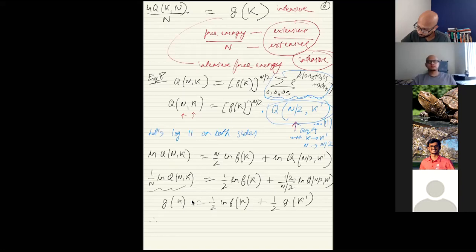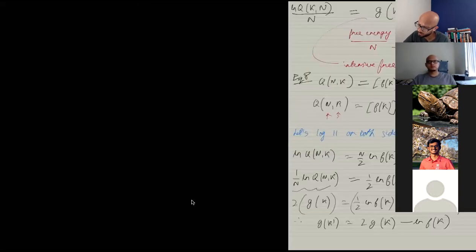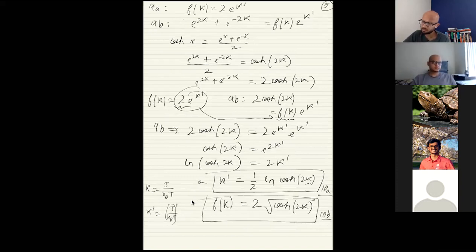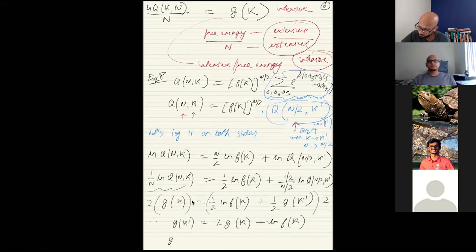Therefore, g of k prime is equal to 2g of k minus, we multiply both sides by 2, so 2g of k minus ln f of k, and we calculated f of k right here in terms of k. So this gives us g of k prime is equal to 2g of k minus ln of 2 square root of hyperbolic cos of 2k.